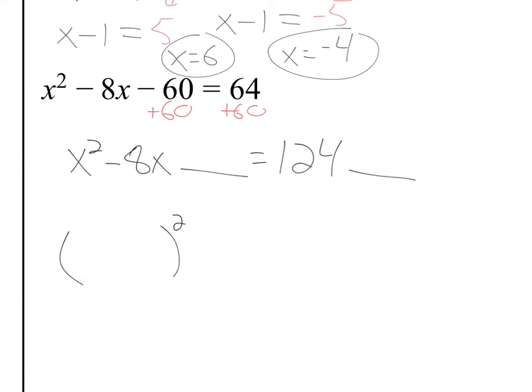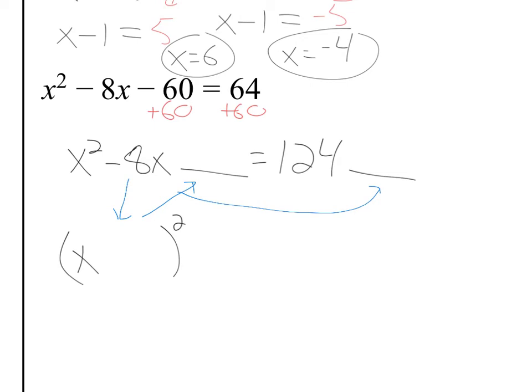What do I want to see in that blank space so that I can write this in factored form as x plus or x minus something squared? Well, to do that, I'm going to take half of my b value and then square it. Whatever number goes in this blank will also go into that blank over there.